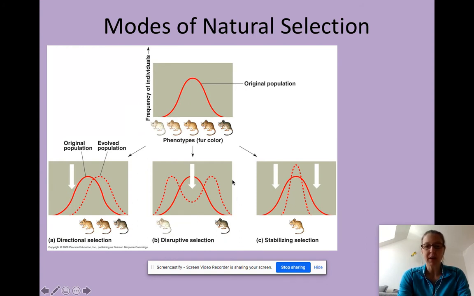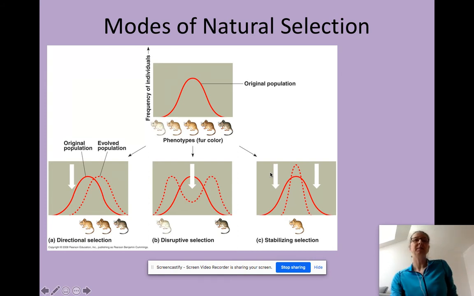The dark mice were surviving on the dark black lava rocks, while the lighter mice were surviving in the other portions. But all of the intermediate phenotypes were being selected against. This is disruptive selection: you are selecting for the two extremes of a phenotypic variation and the intermediate types are selected against, because these mice could be seen on either the dark rocks or the lighter sand color.